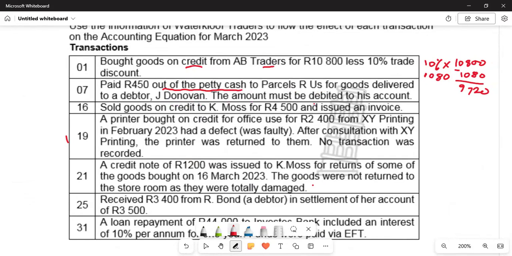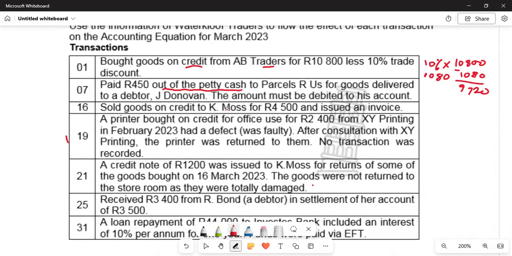So the amount must be debited to his account. It means we have petty cash, and we paid that 450 from our petty cash for these parcels.